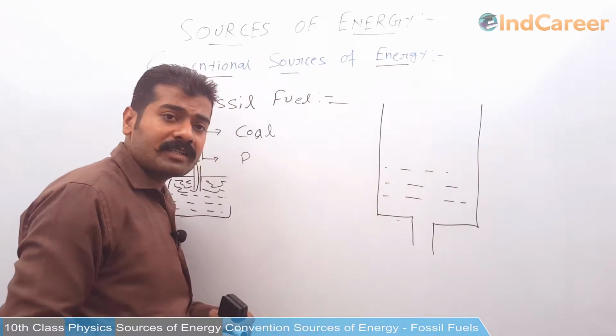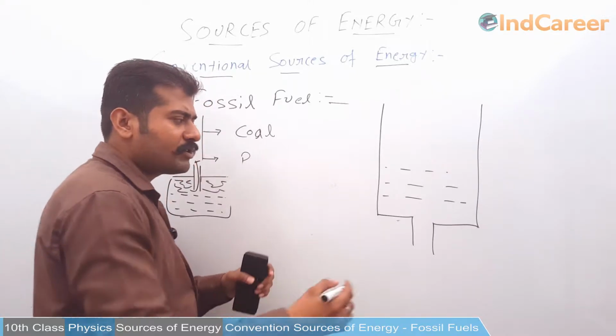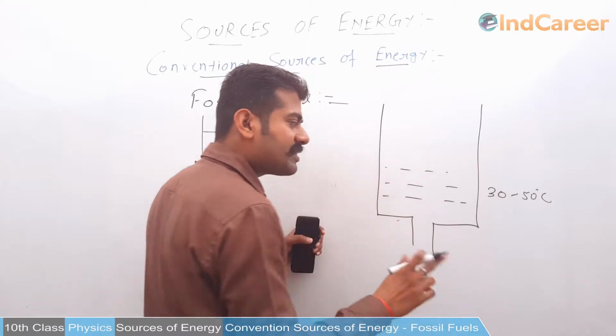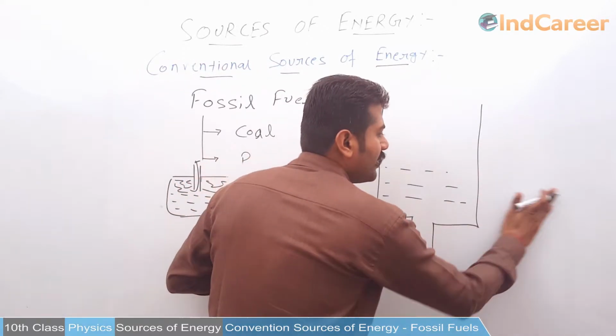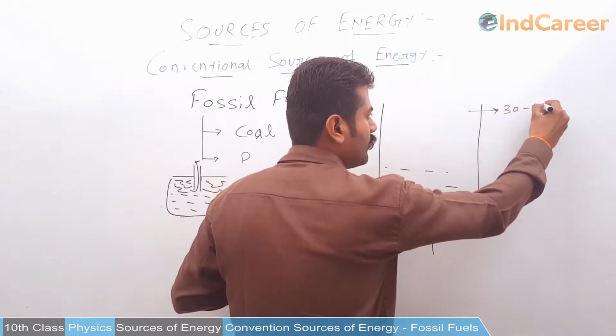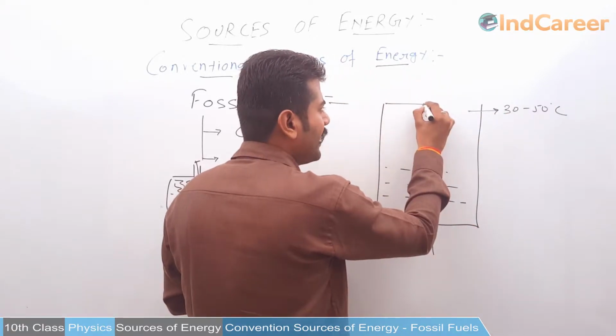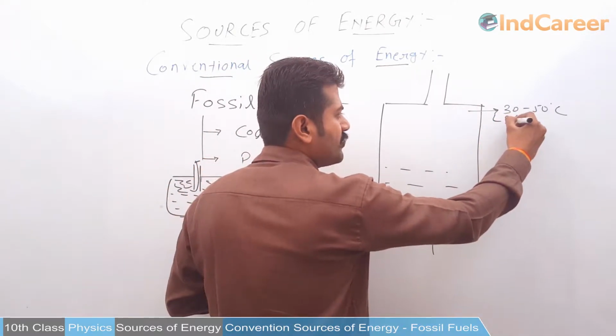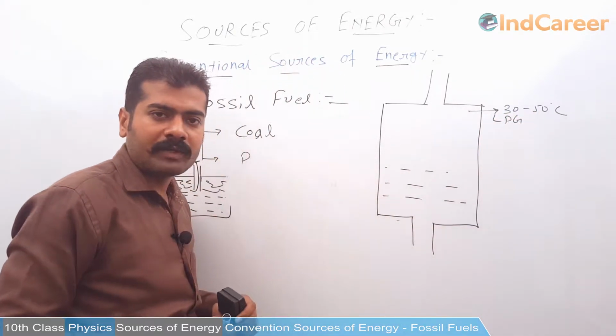If we heat this petroleum at a temperature of around 30 to 50 degrees Celsius, the first thing we get is petroleum gas. Here LPG, liquefied petroleum gas, will be there.